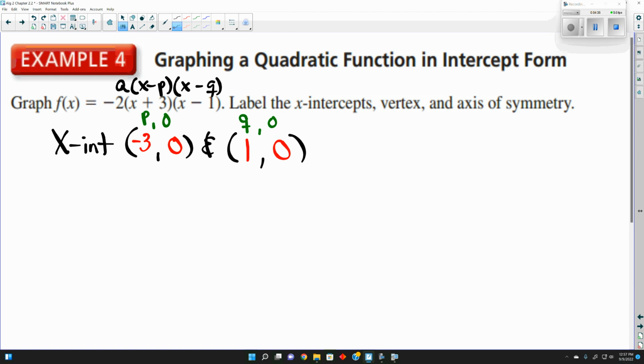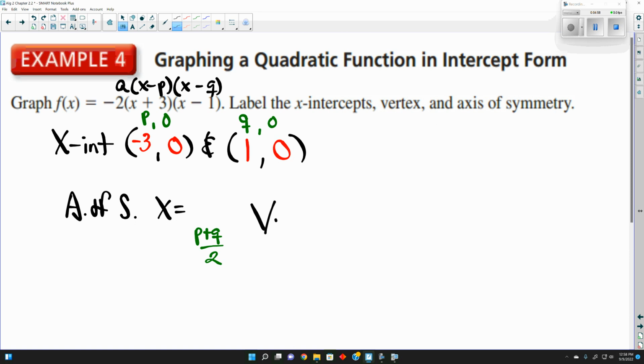Now the other one we have is our axis of symmetry, which is x equals, according to the formula, (p plus q) over 2. That's what we need to find.